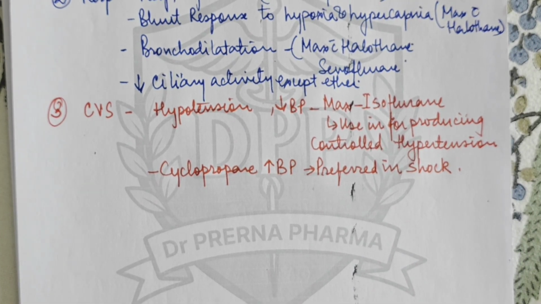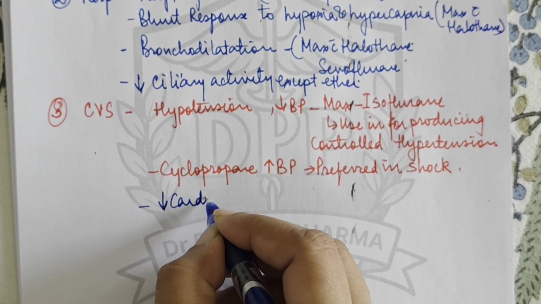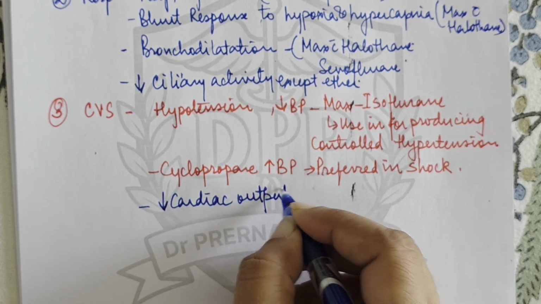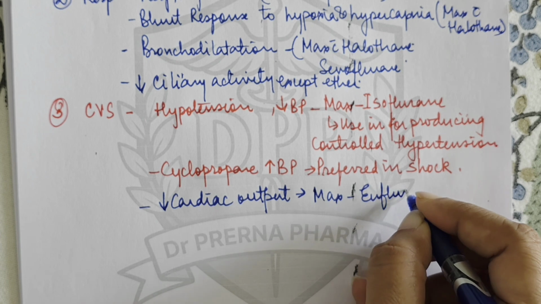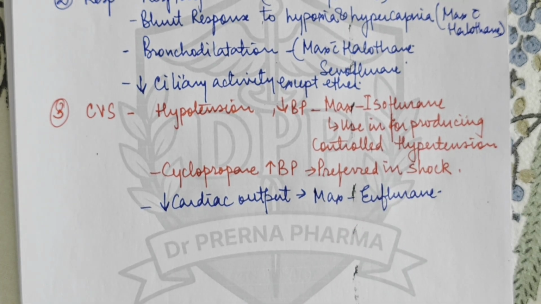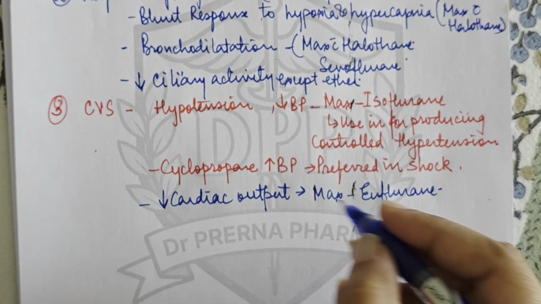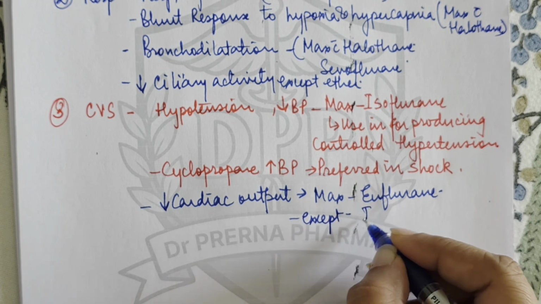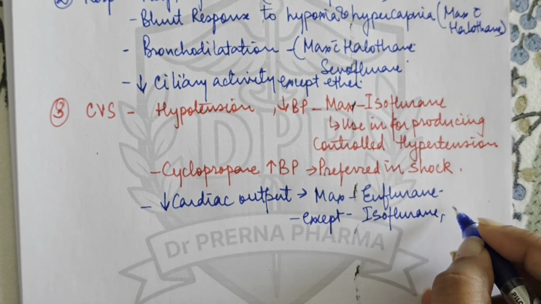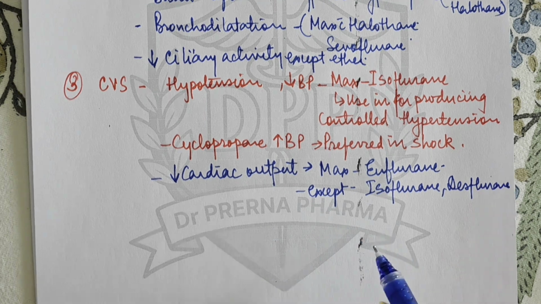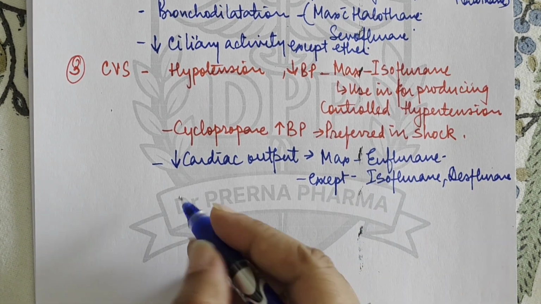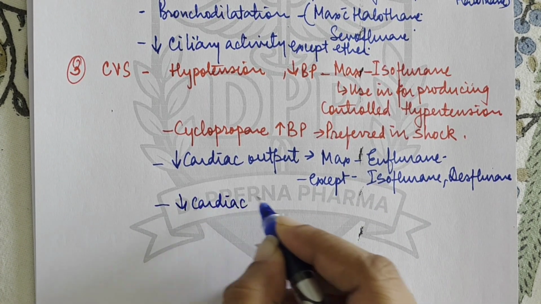Then they reduce the cardiac output, and this reduction in cardiac output is seen maximum with enflurane, right? Except isoflurane and desflurane. Then they also reduce the cardiac contractility, right?